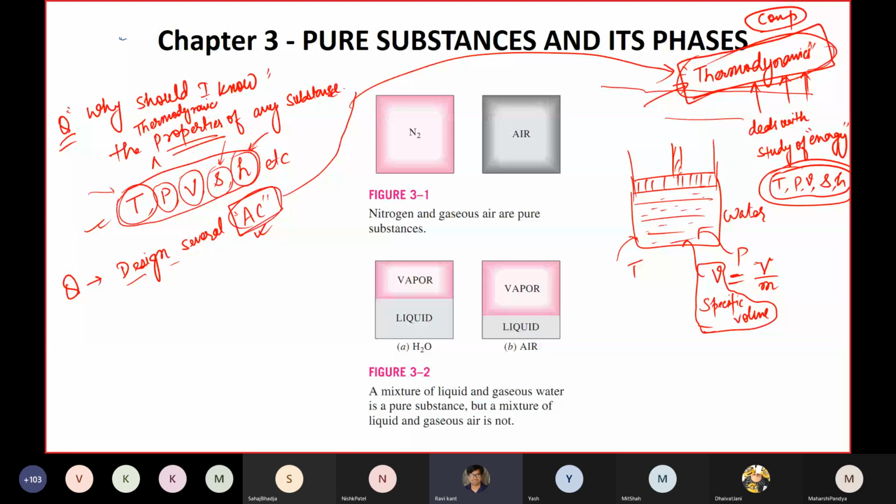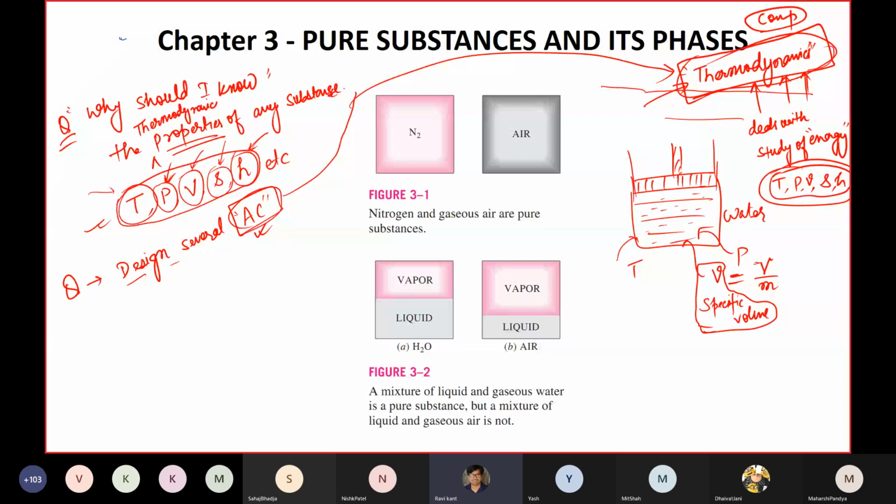Pressure is the overall average momentum transfer that the molecules cause on the walls of the container where the substance is kept.